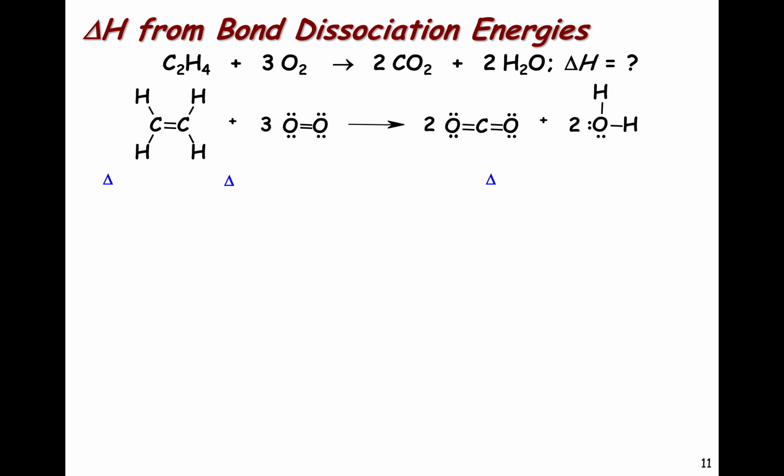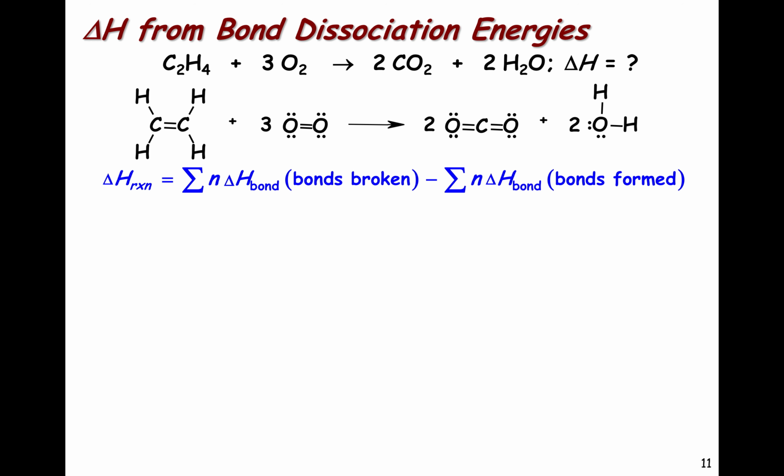If we then determine the number of each of the types of bonds for this overall reaction, remembering that the equation is the sum of the bonds that are being broken and their bond energies, subtracting away the bond energies for the bonds that are being formed.